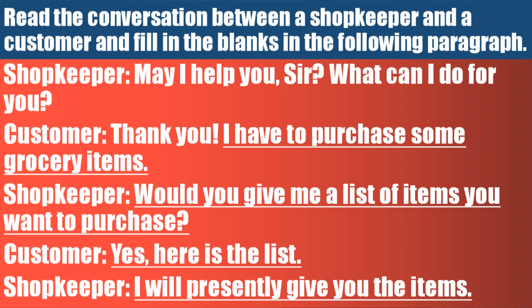Okay, and then, would you give me a list of items you want to purchase? This part will be changed into indirect speech. Yes, here is the list. You will have to change into indirect speech. And this last one, I will presently give you the items. These you will have to change into indirect speech, and you have to apply the rules here.